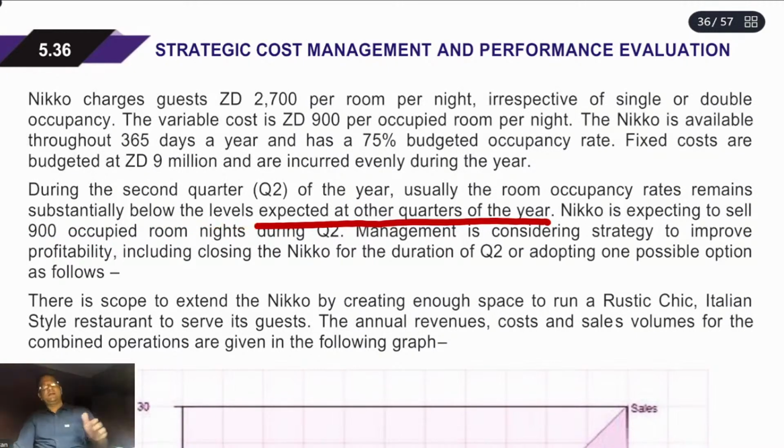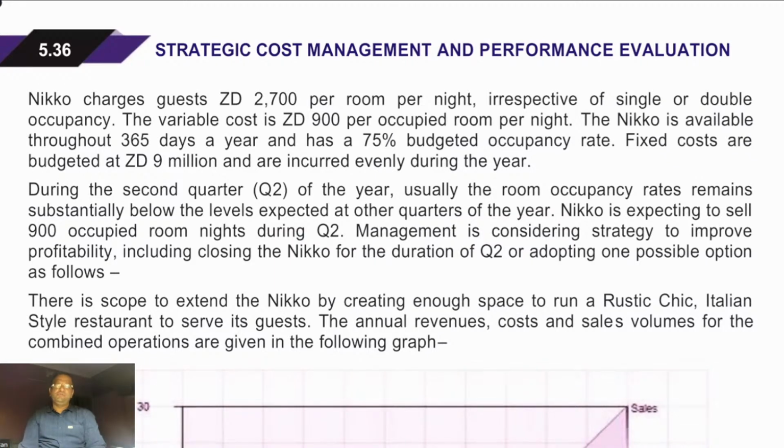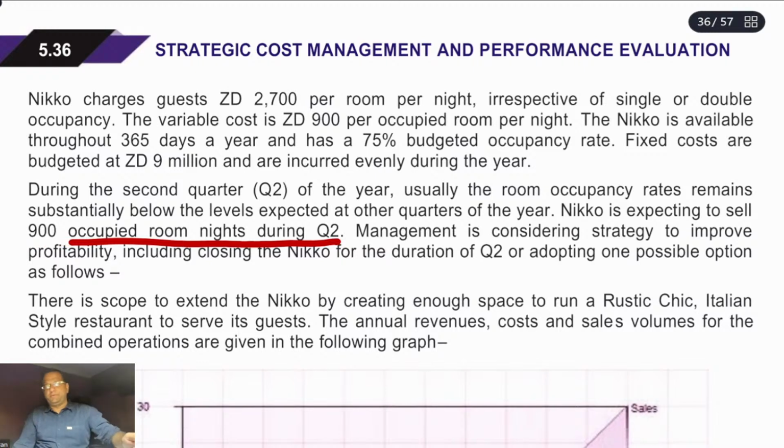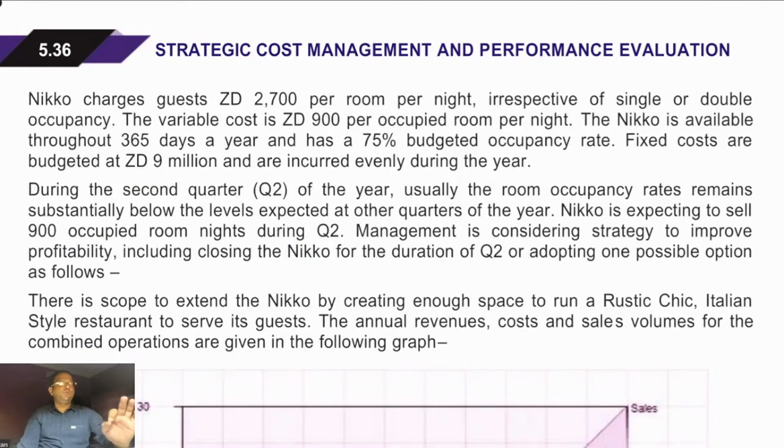So when we divide the complete year into quarters, especially quarter number 2 has experienced low occupancy rate as compared to the remaining 3 quarters. The hotel is expecting to sell 900 occupied room nights during quarter 2. Only and only 900 rooms were occupied during that particular quarter 2 of 3 months.